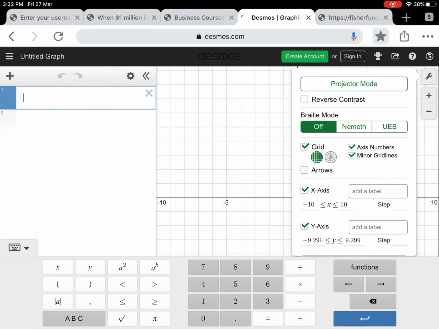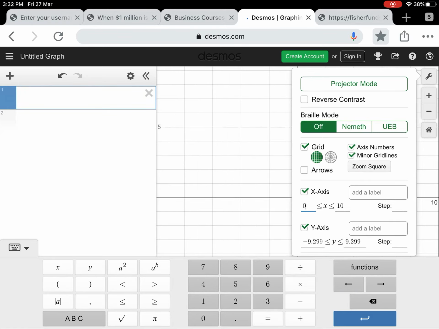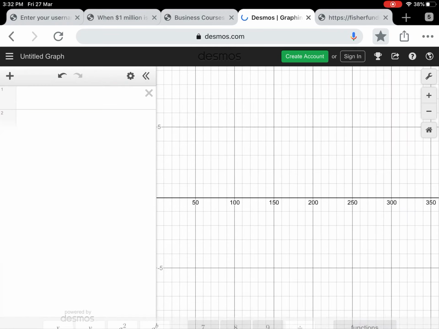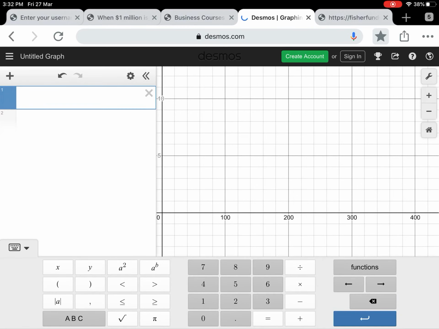I need to go from, that one goes from 0 to 360, yeah? So 0 to 360, and steps of whatever, I don't care. So let's just play around with this and see what the graph looks like.